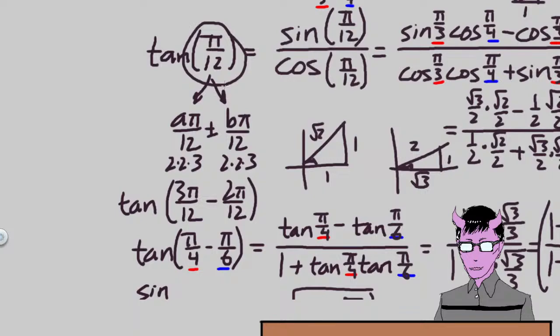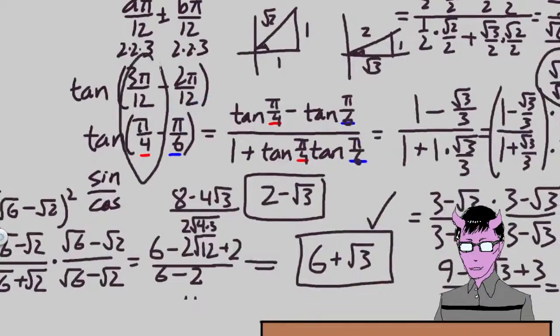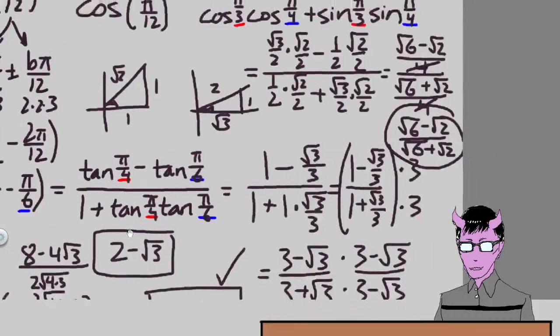So in this particular situation, the pi over 12, we split it into these two. Is that correct? Yeah, this is correct. Split. Is this correct simplification? Yes. Yes, that's also correct. Okay, and then yes. Okay.